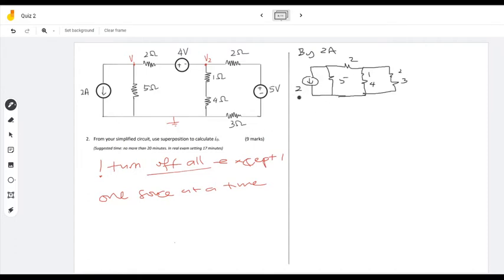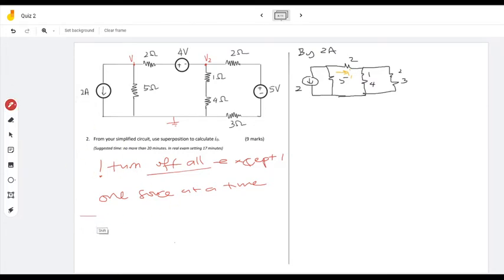2 ampere. The question here asks for, let us call that I1. So what is I1? I1 is the current passing in this direction through the 2 ohm. Now you know that you can use the current divider. Let me put a sketch.